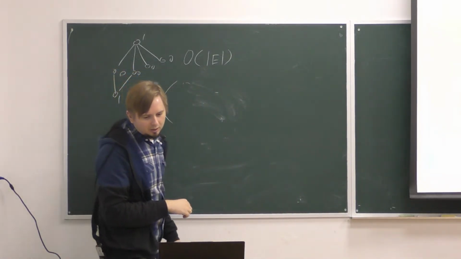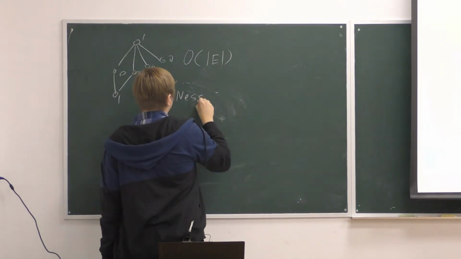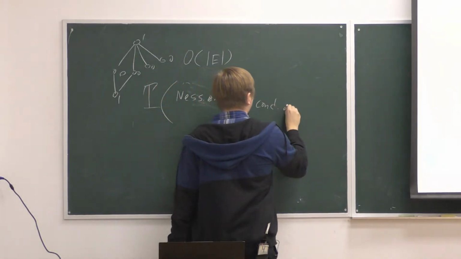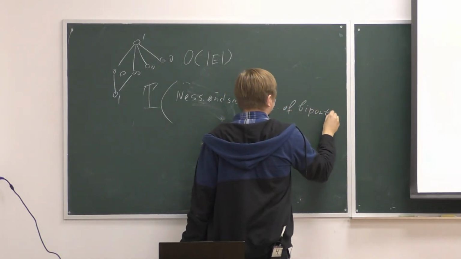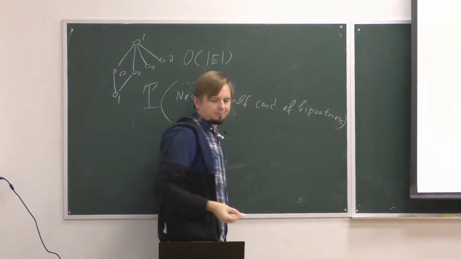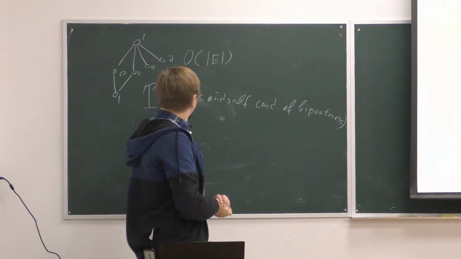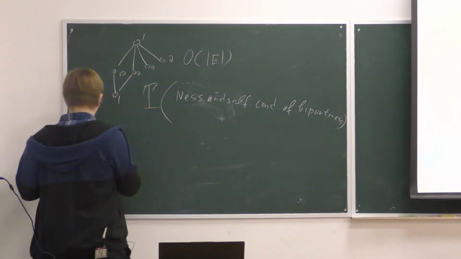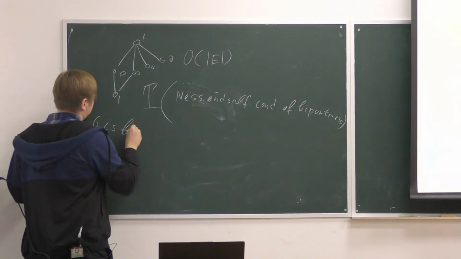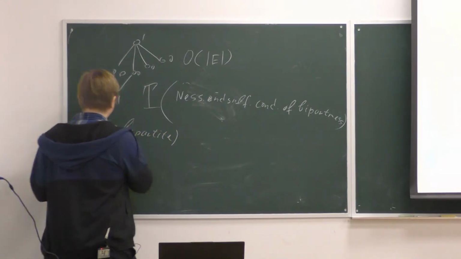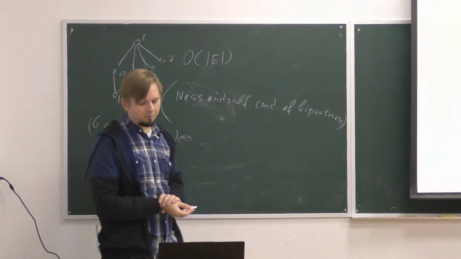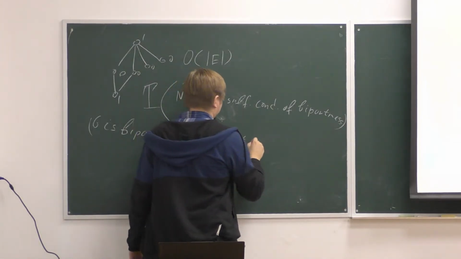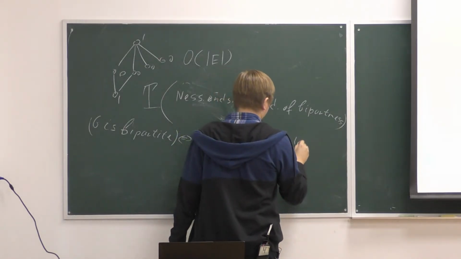It's a necessary and sufficient condition of bipartiteness. A connected undirected graph G is bipartite if and only if it doesn't contain odd cycles.